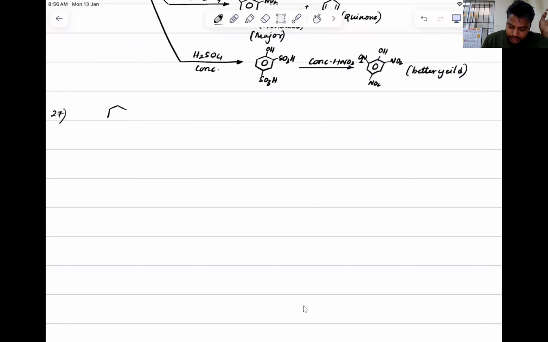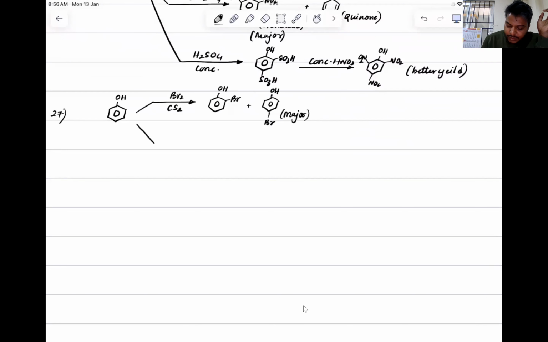Next reaction is phenol reacting with Br2 in the presence of CS2. Again, you will get ortho product and para product, and take para as major, this one as major.